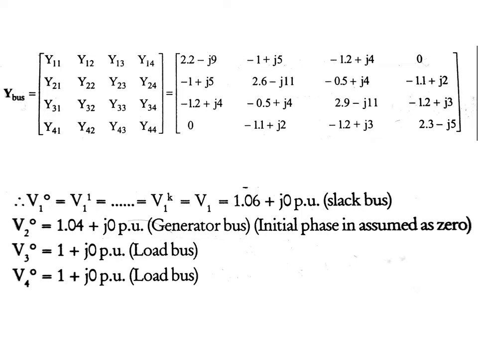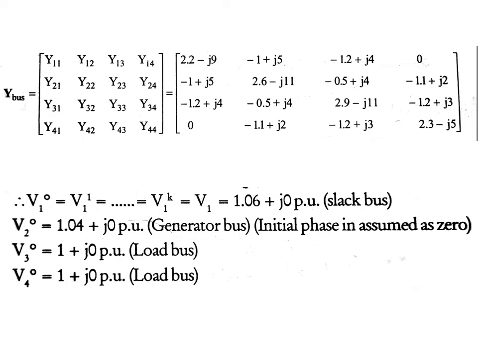In this figure, one line is connected between 1 and 3 and another between 1 and 2. Adding the admittances of these two lines, we get 1 minus j5 plus 1.2 minus j4, that is 2.2 minus j9.